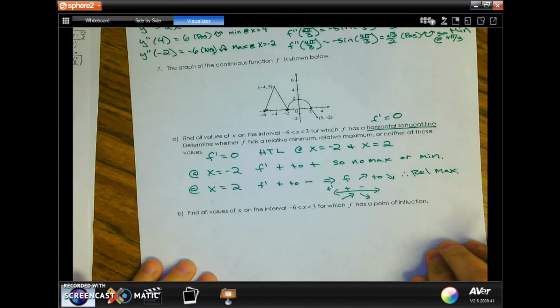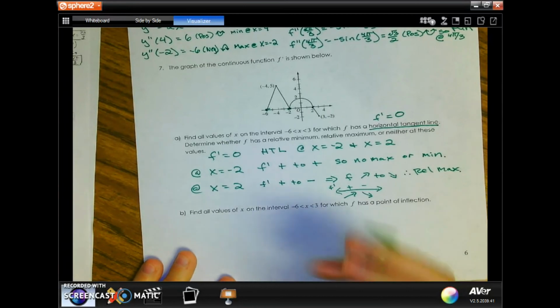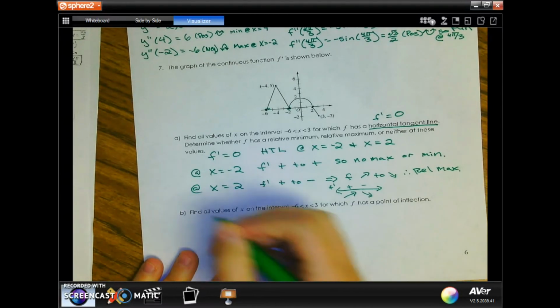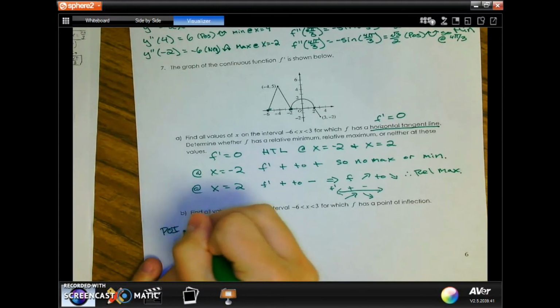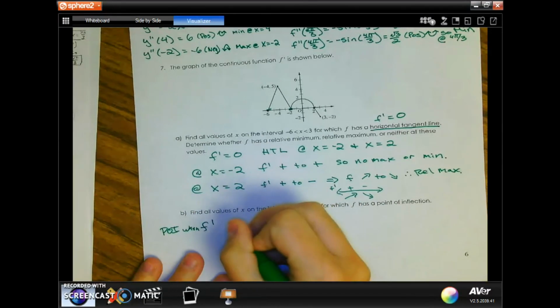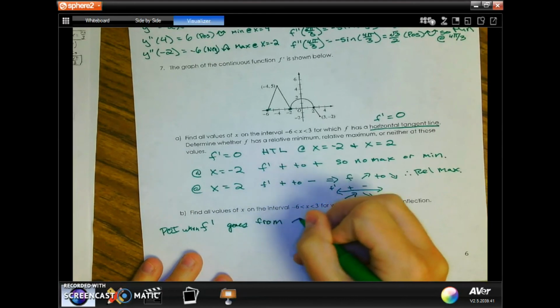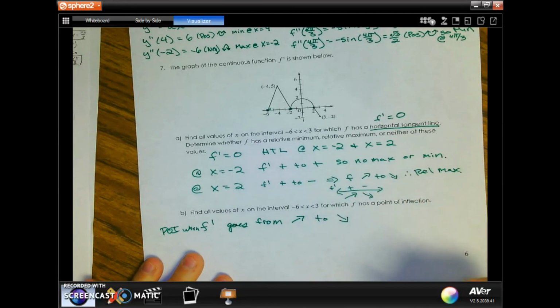Okay, and then the last part here, find all values of x on the interval for which f has a point of inflection. So a point of inflection is going to occur when you go from concave down to concave up, or vice versa. Or really, a POI is when your derivative goes from increasing to decreasing, or decreasing to increasing.